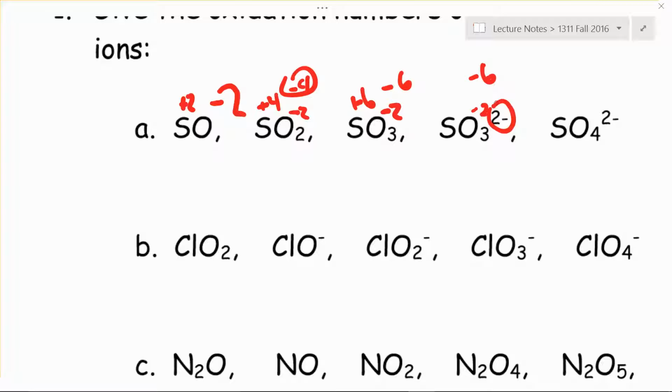So what is the charge on the sulfur? +4. Sure. So if I have +4 charges here, and I balance 4 of the -6 charges, how many are left over? -2. Okay? So I have to have those left over when I'm trying to figure out what the oxidation state is.